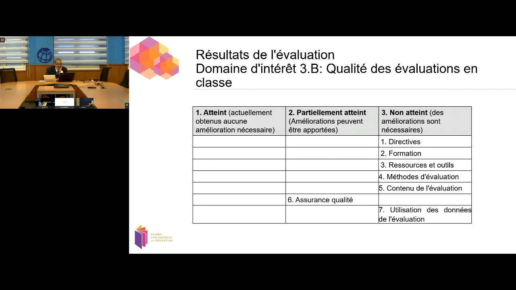For the assessment in the classroom, you see the results. As to the 7 objectives, only 1 is considered as having been partially achieved. None of the other objectives have been reached or achieved at all. This is the result of the assessment of the different data. We can go to the next slide, please.